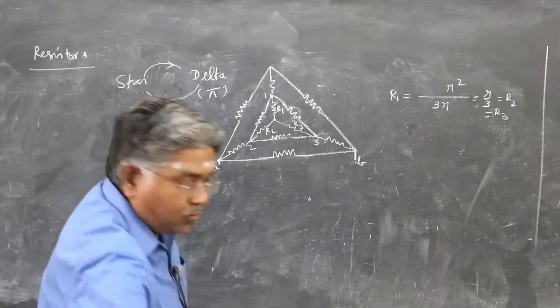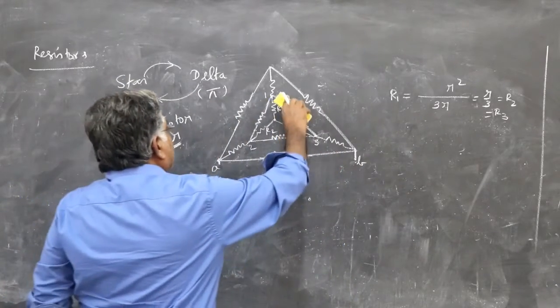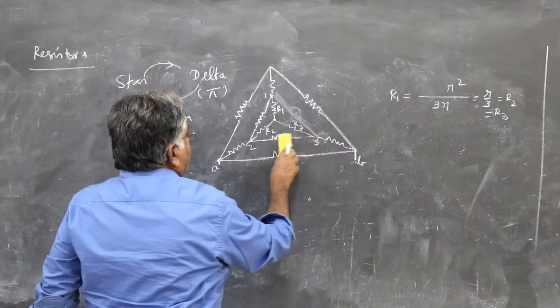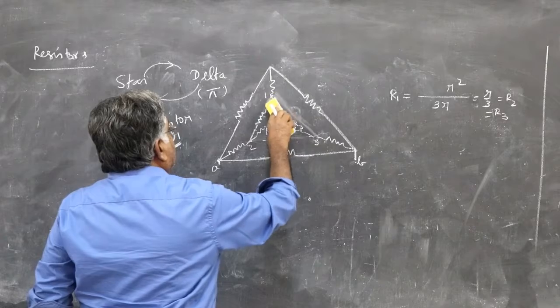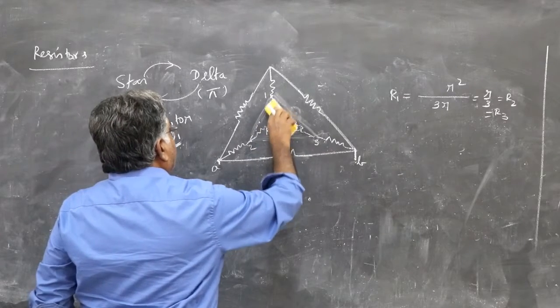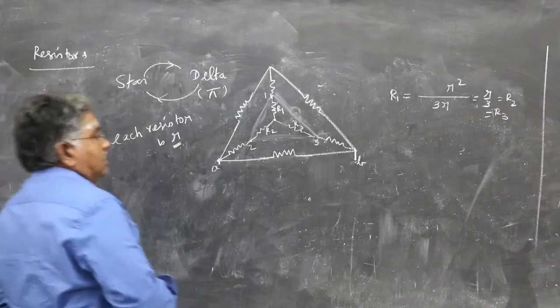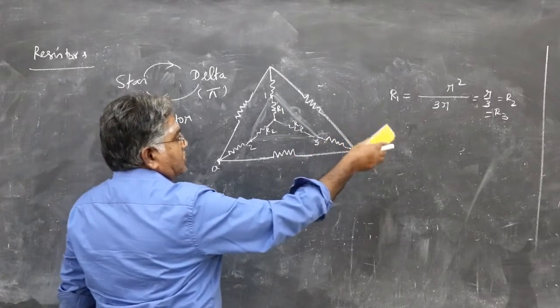So now what you can do is remove this part. This delta is taken off here. Now you see the circuit has become much simpler. R1, R2, R3, everything is R by 3.